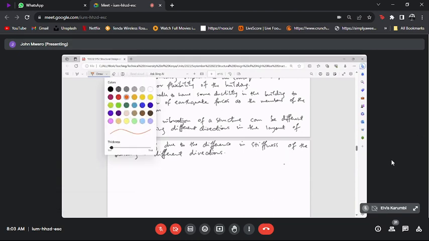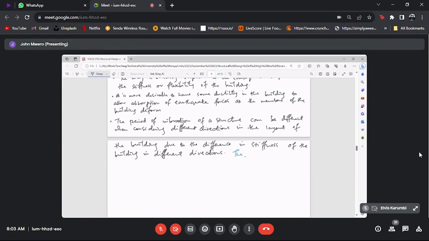What this statement therefore means is that the earthquake force that a building experiences for the same magnitude of earthquake may vary in different directions.